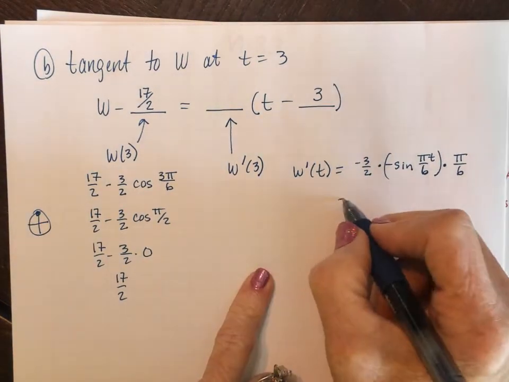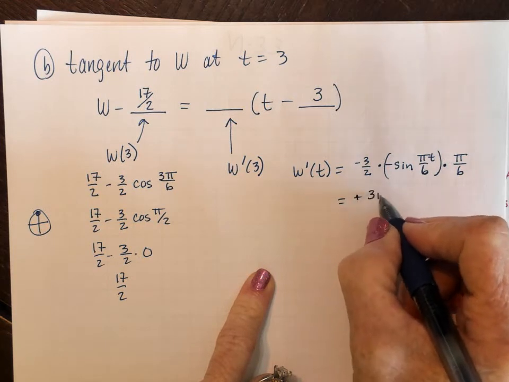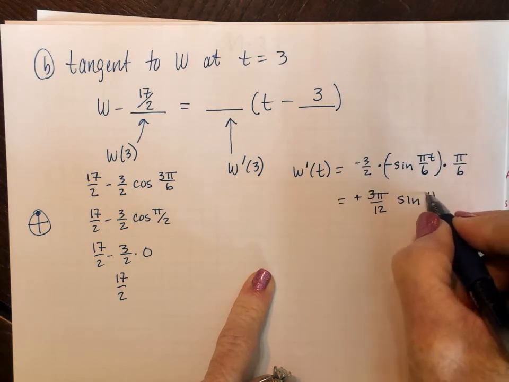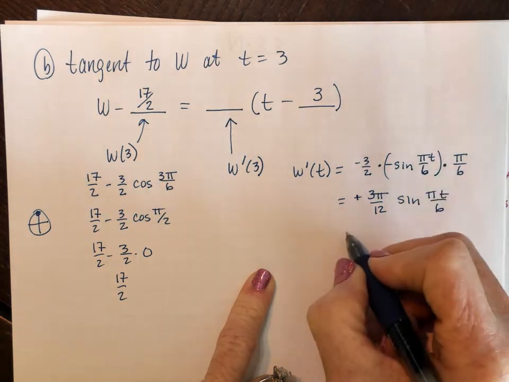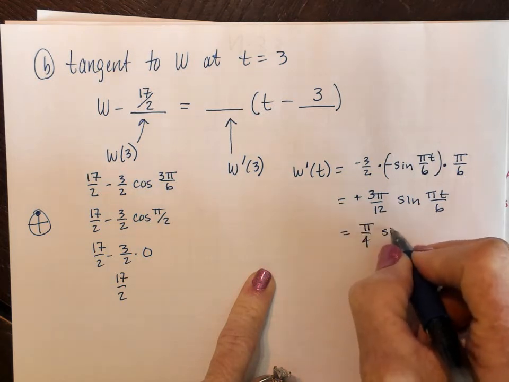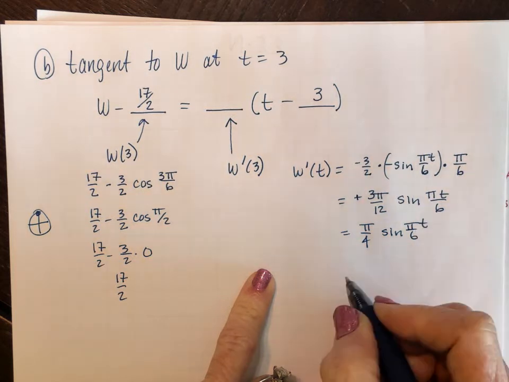I'm going to simplify that. Let's see, it's going to give me a positive 3 pi over 12 sine pi t over 6, which is pi over 4 sine pi t over 6.